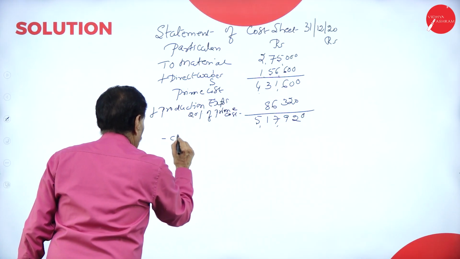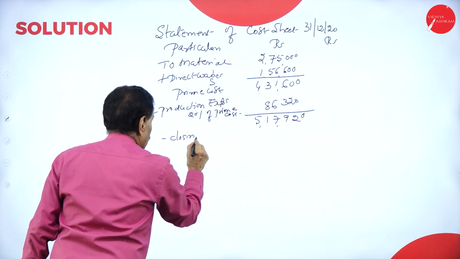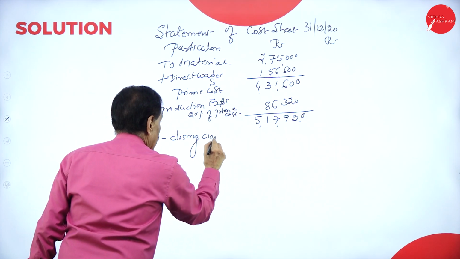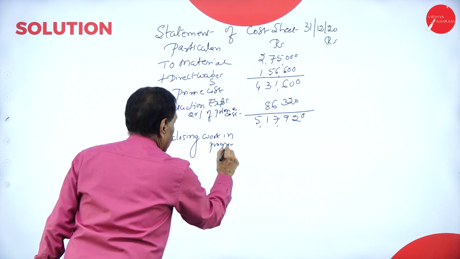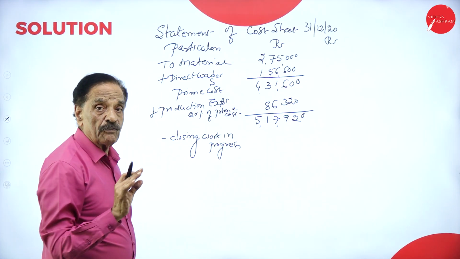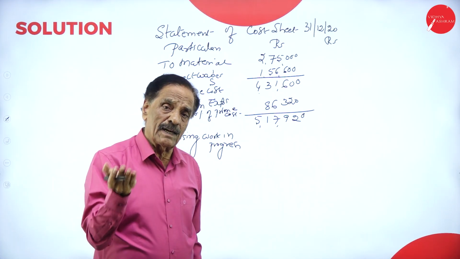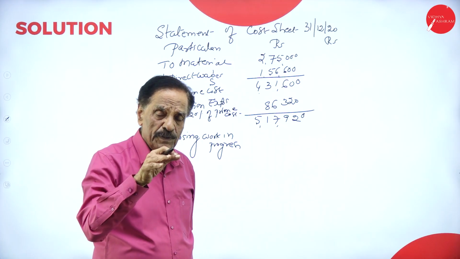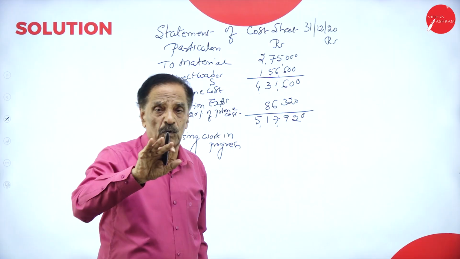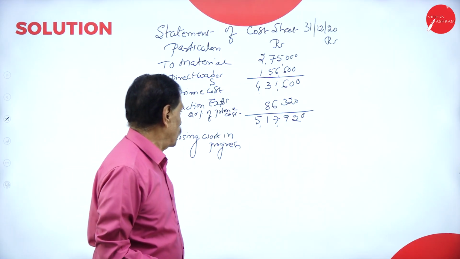Minus closing work in progress. Now, what is your cost sheet format? Direct material, direct labor, direct expense is prime cost, add factory expenses, add opening work in progress, minus closing work in progress.